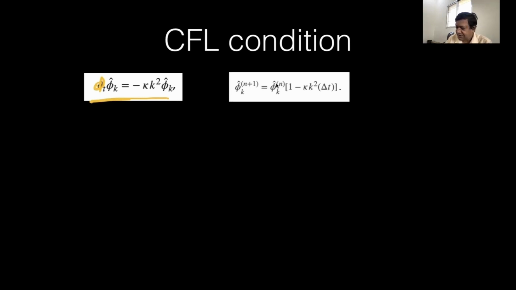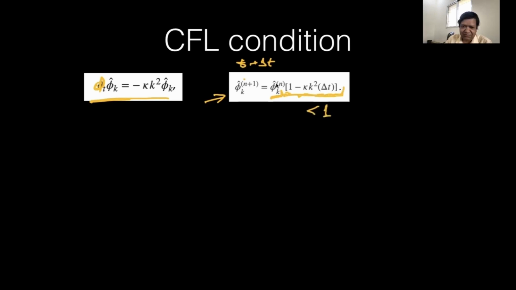The time stepping is phi k at n plus 1, which is t plus delta t, equal to phi k at t multiplied by 1 minus kappa k squared delta t. Now, I want the modulus of this prefactor to be less than 1.